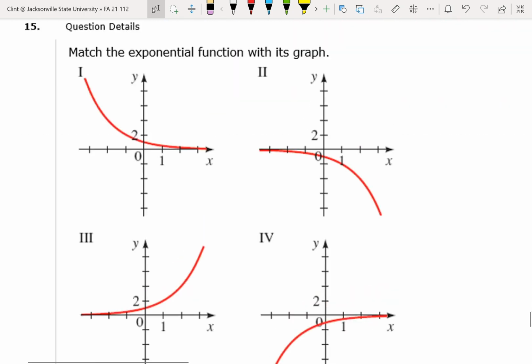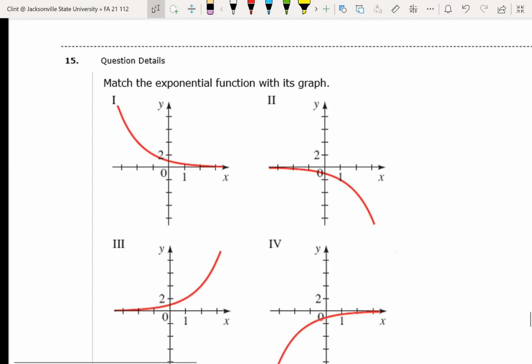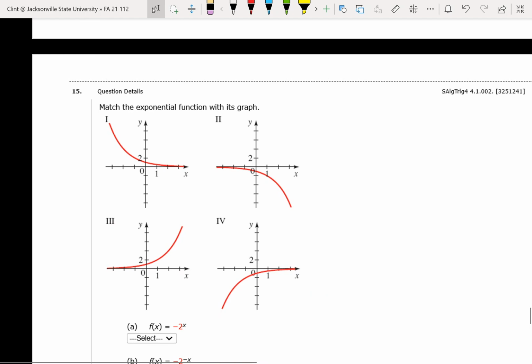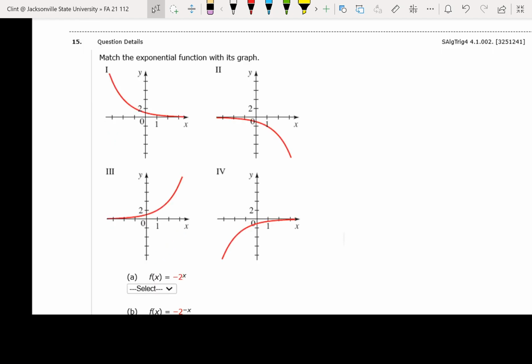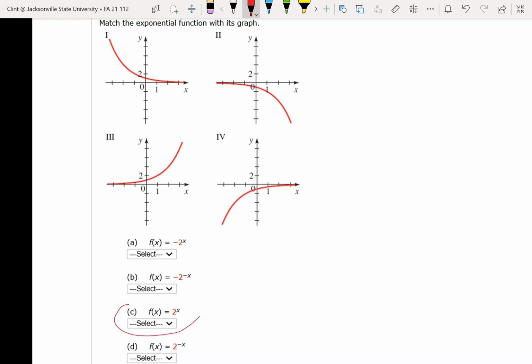Next page loaded here. Here we go, number 15 says match the exponential function with its graph. I'm going to zoom out a little bit with this one. It may be easier to start with the one that doesn't have any minus signs. So this one is going to be C. No minus signs.